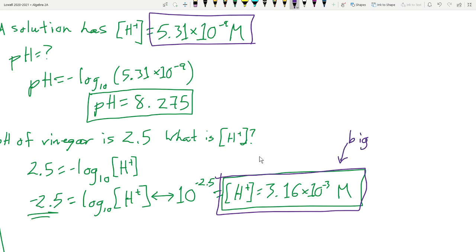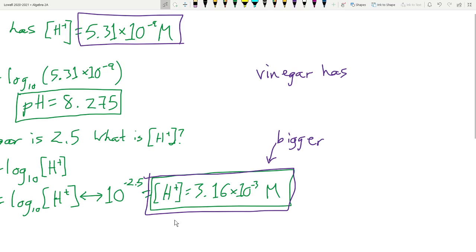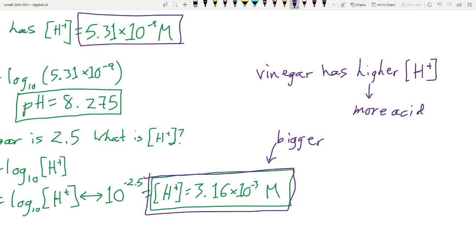This would mean then that vinegar has a higher H plus concentration than the first solution, and therefore it is more acidic. You're getting a kind of free mini chemistry lesson right here.